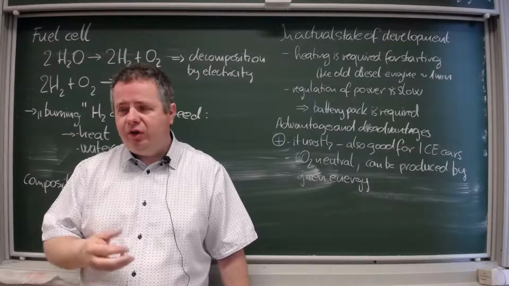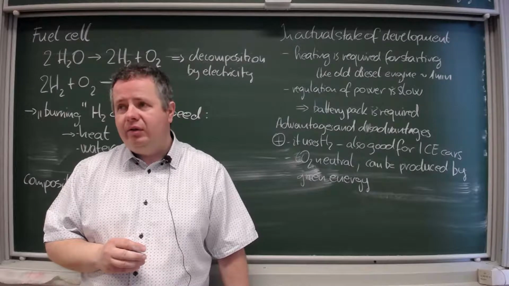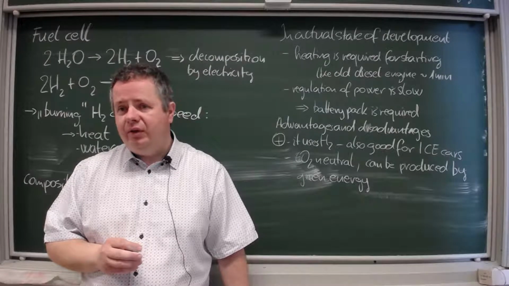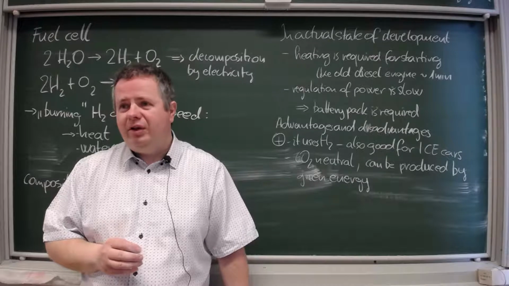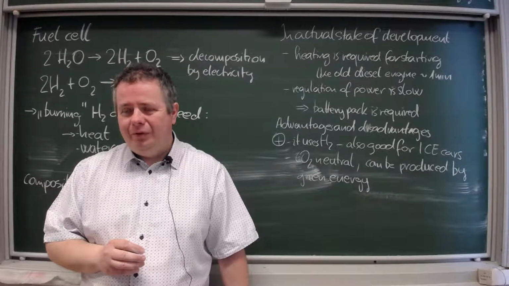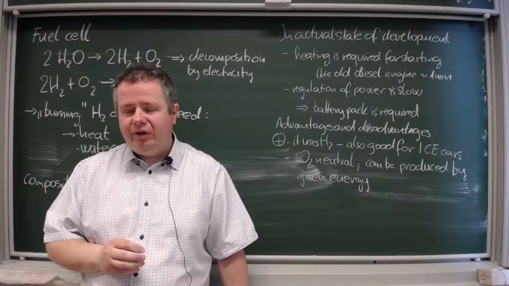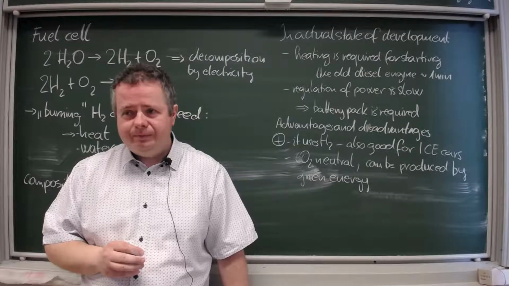And you use the hydrogen for your traffic purposes, and what goes out of the exhaust of the fuel cell vehicle is pure water. So no carbon dioxide production, which is quite important for the climate change that we face now.